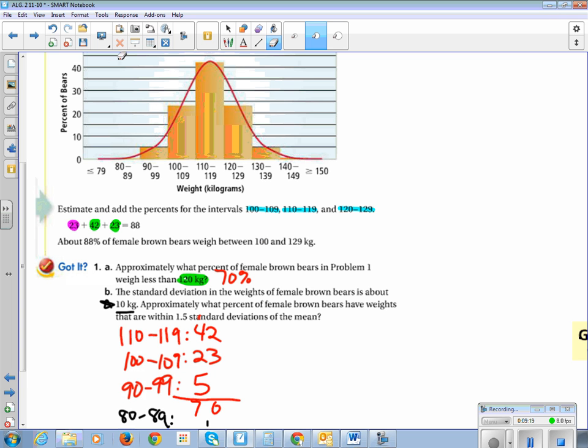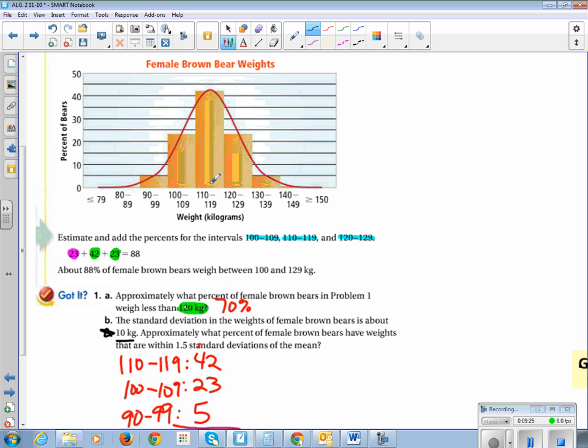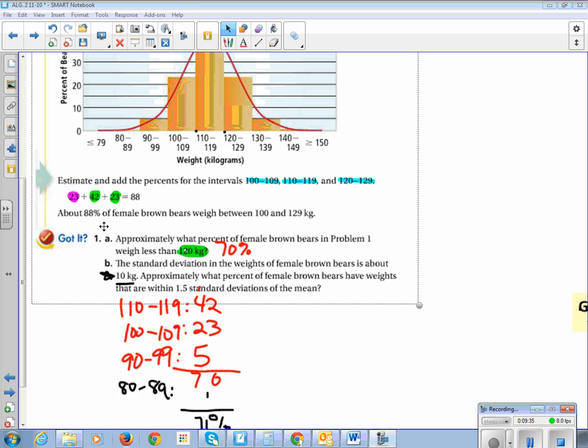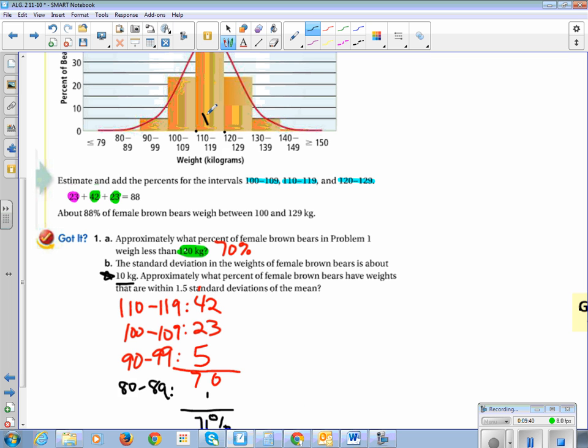So if one standard deviation is 10 kilograms and the mean is 115, so let's put that here so I remember it.